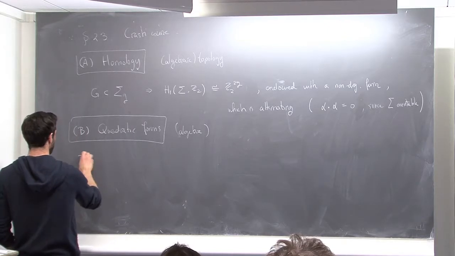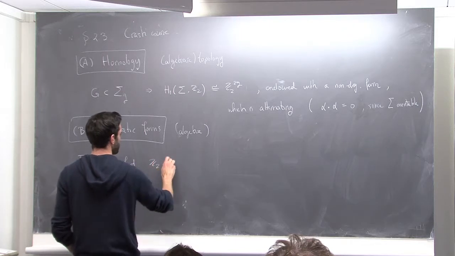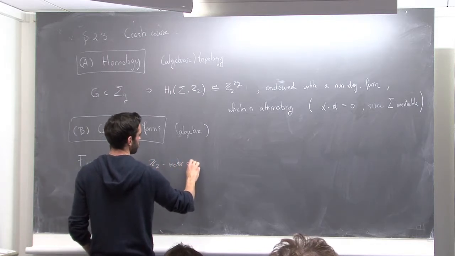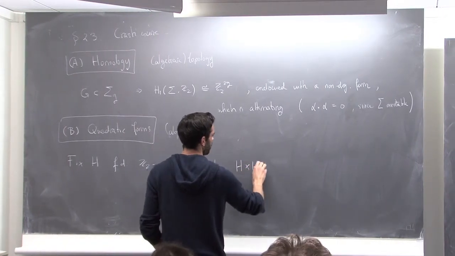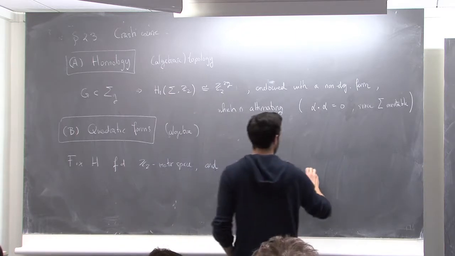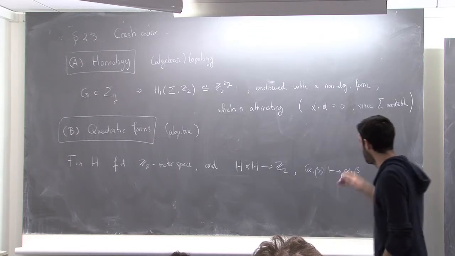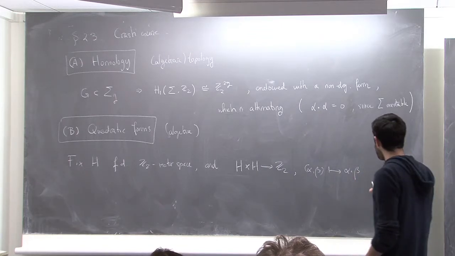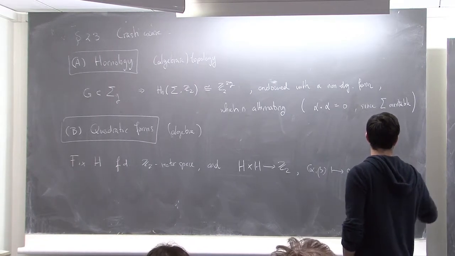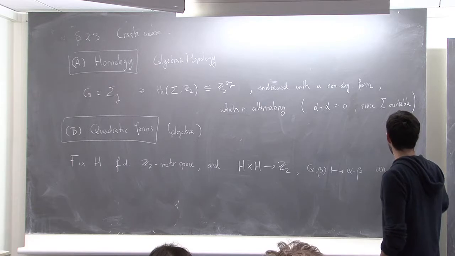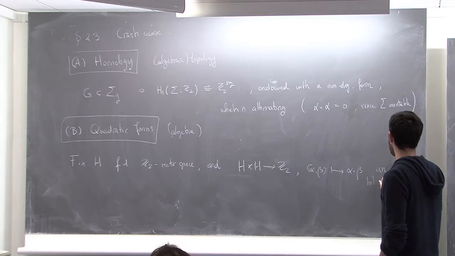So we fix H, which is a finite dimensional Z2 vector space, and a form which I want to denote exactly as above, but again, we're just in this algebraic setting. Here I don't need non-degenerate, an alternating bilinear form.